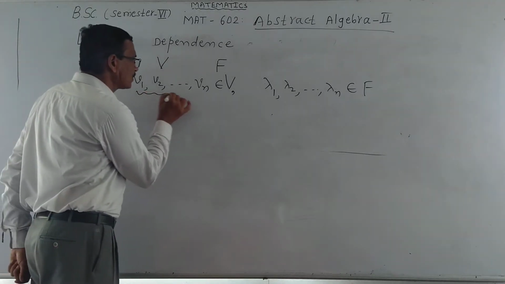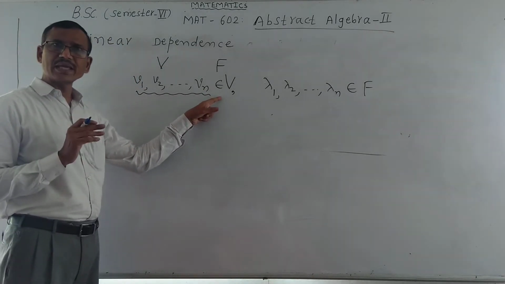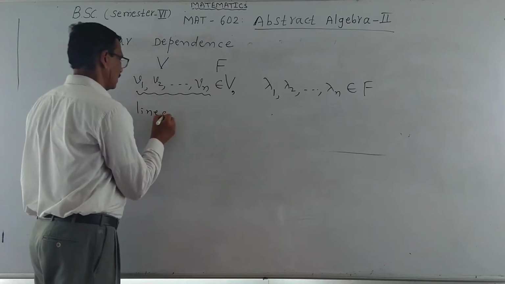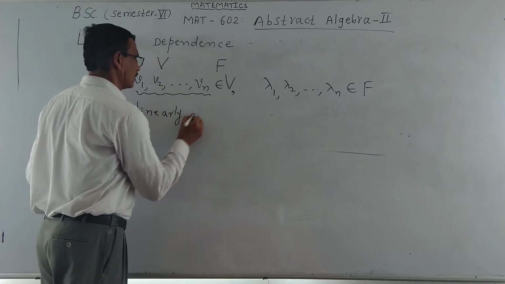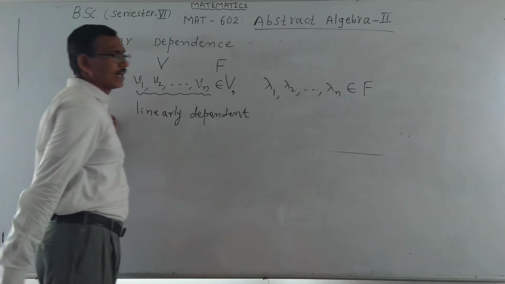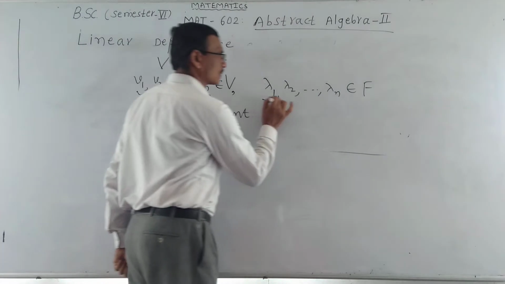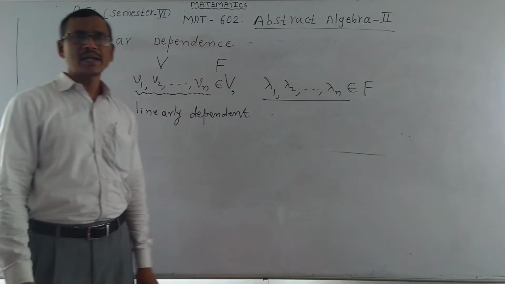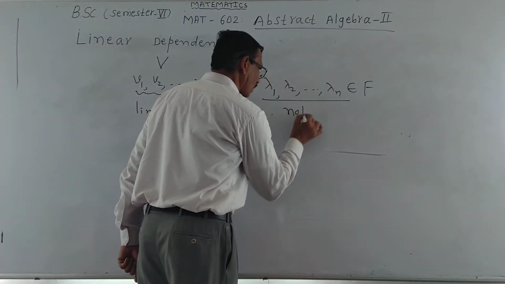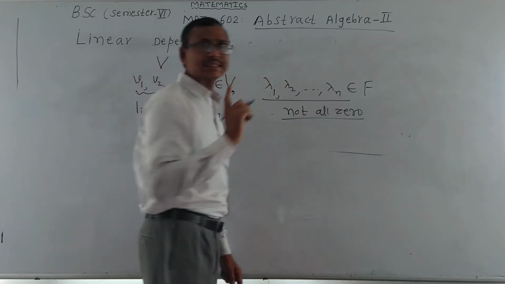Now, these elements v1, v2, ..., vn of vector space V are called linearly dependent if there exist scalars lambda 1, lambda 2, ..., lambda n not all zero at the same time.